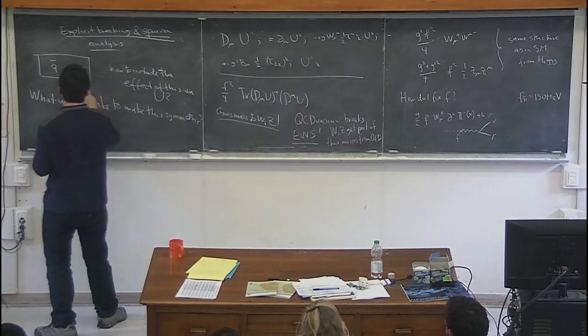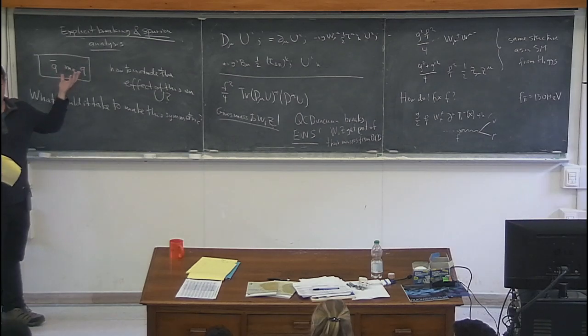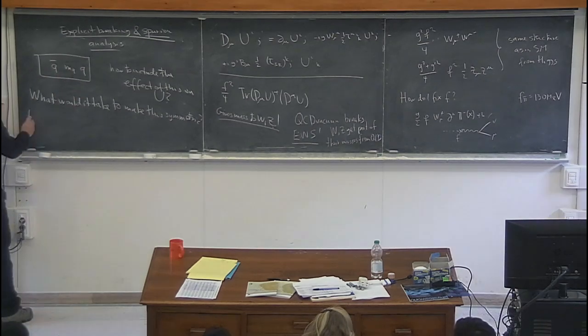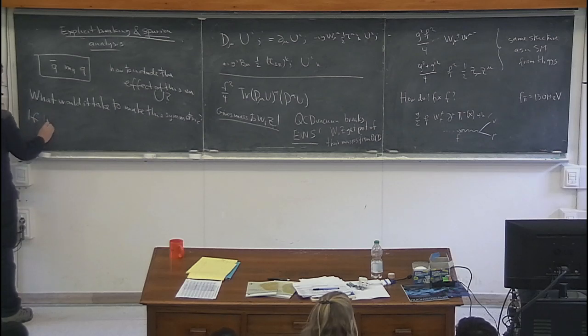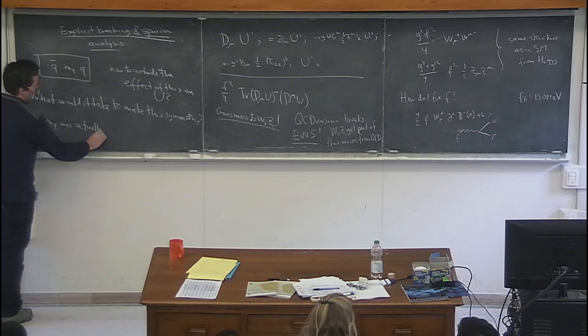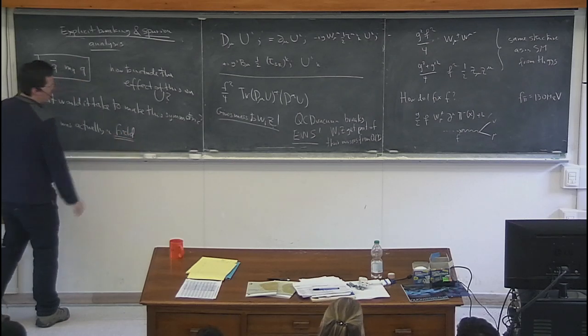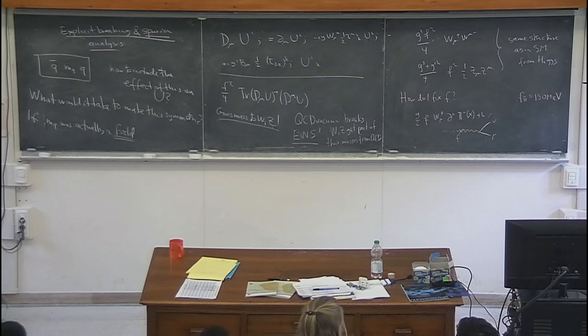Well, if this M was not just a set of numbers, but an actual field that transformed also under SU3 left cross SU3 right, then of course I could make this term symmetric. So if M_Q was actually a field that itself transformed under SU3 left cross SU3 right, how should it transform?